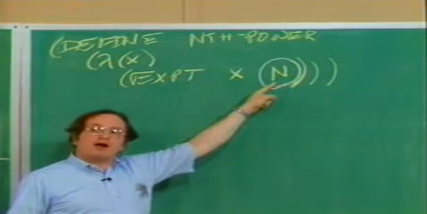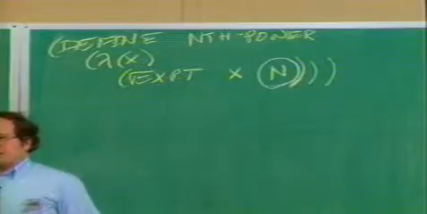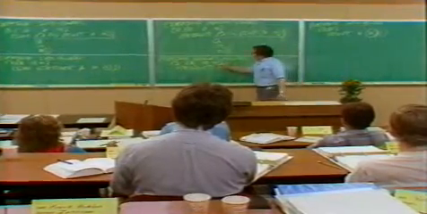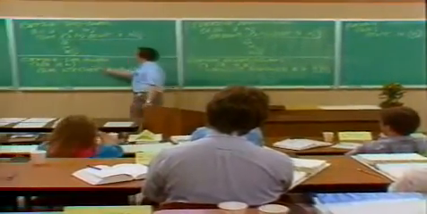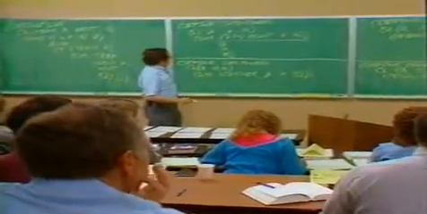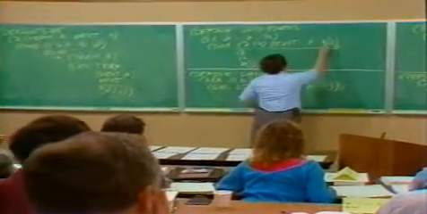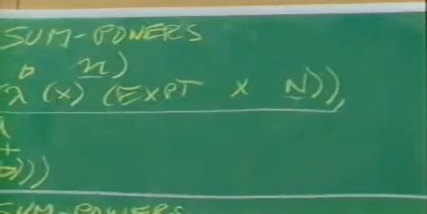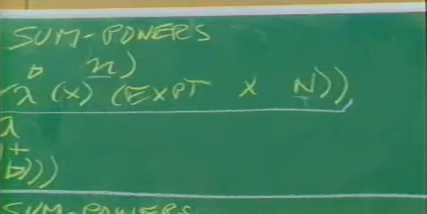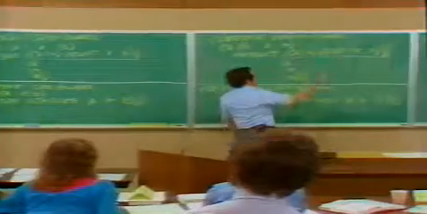Therefore, n is an unbound variable. But it's perfectly clear to most of us that we would like it to be this n and this n. Okay? On the other hand, we've got to be careful here of keeping this to be this, and this one over here, wherever it is, to be this one.